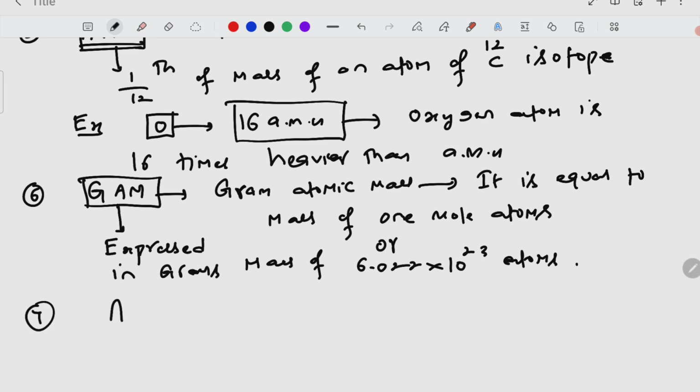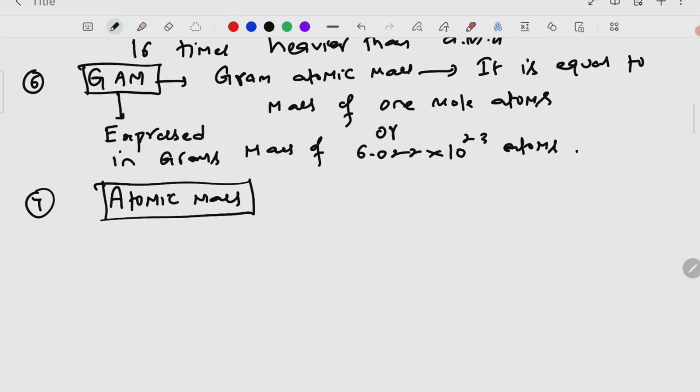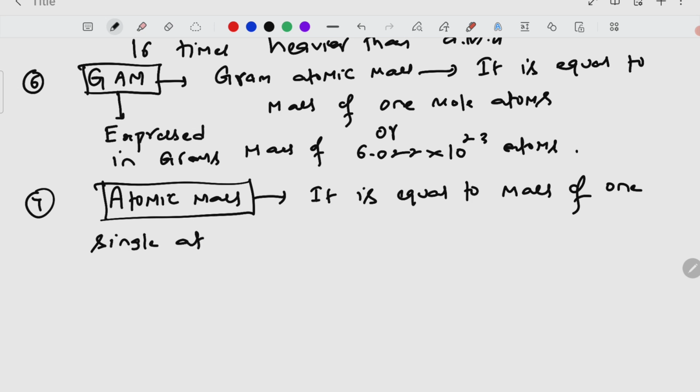If I write simply atomic mass, the term atomic mass here is equal to the mass of one single atom, expressed in AMU.